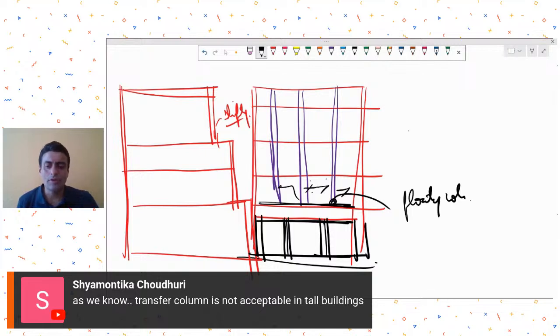So this is a common feature in tall buildings that you see usually. So these systems are acceptable as long as you are not in a high seismic zone.